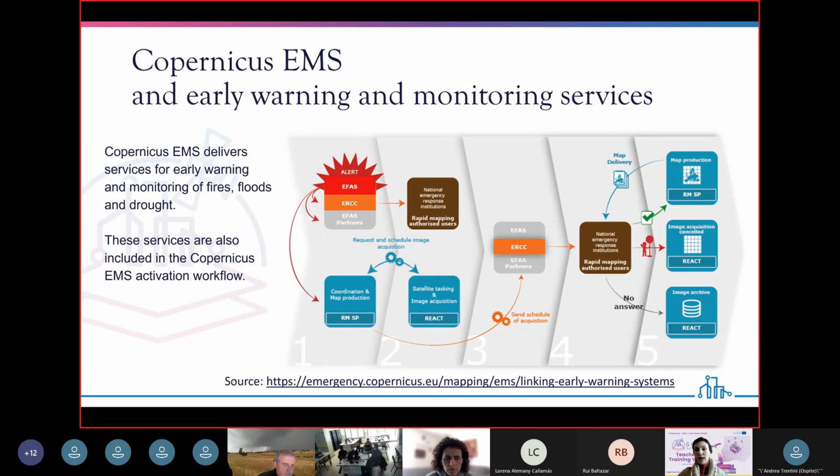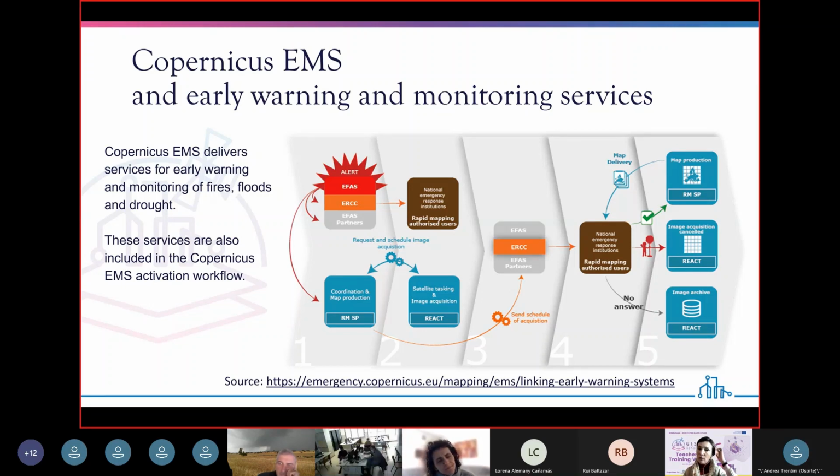And here you see a schema that tells us how this can be introduced into the general emergency management of Copernicus. So the fact that these alerting systems can be used in order to alert the municipalities, the actors, the users, the civil protection, for them to be prepared, to take the measures to lower the impact of the disaster, and maybe also to later on trigger the on-demand mapping.